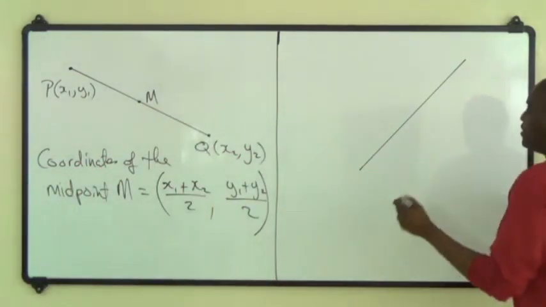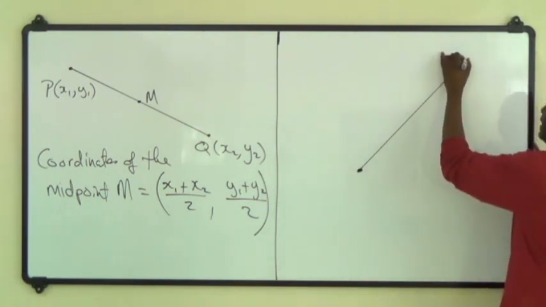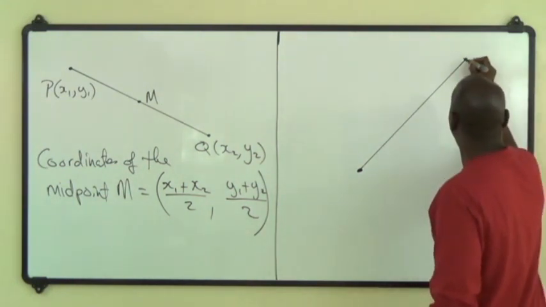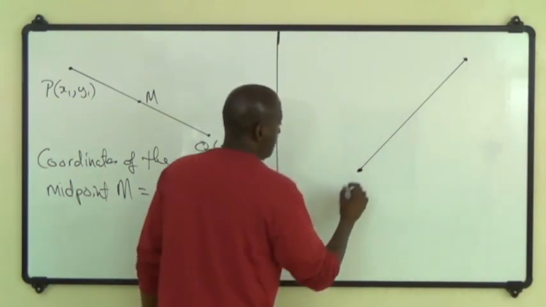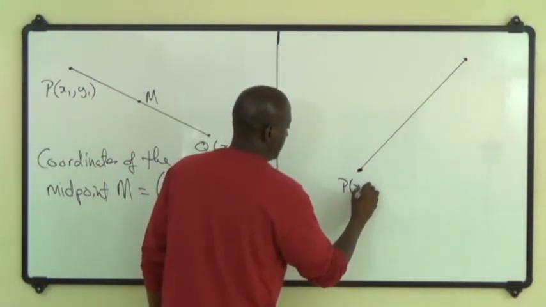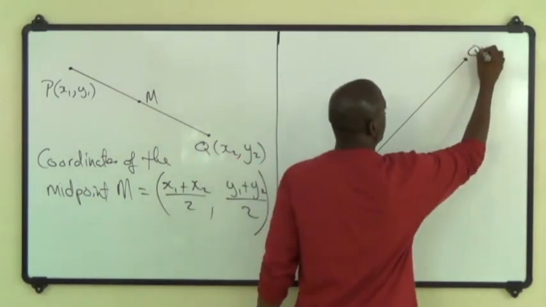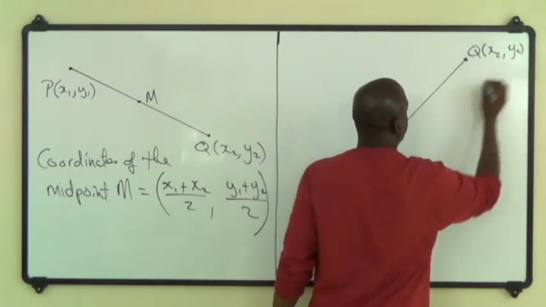Alright? So, the length of the line segments. Alright? Again, let me use the same P and the Q, just for the sake of argument. Alright? So this is the point P, x1, y1. This is the point Q, x2, y2.